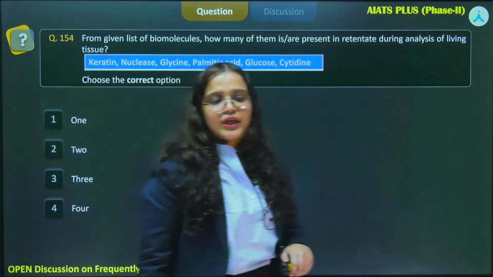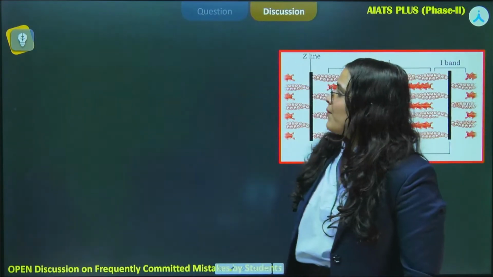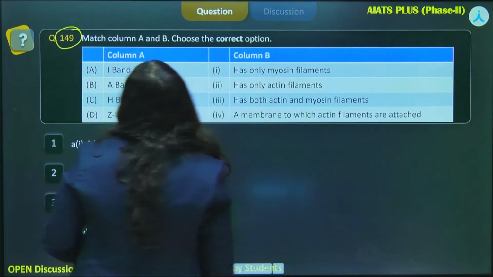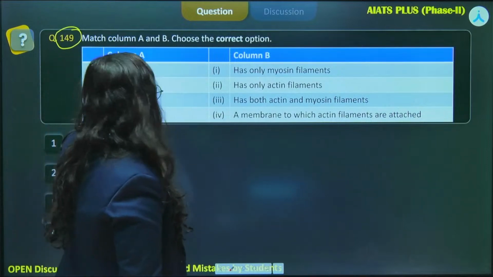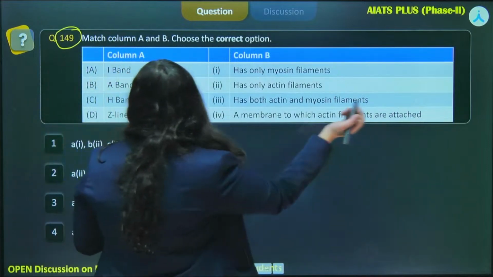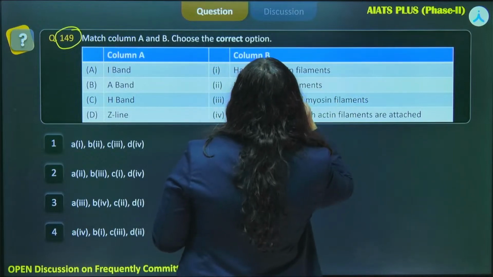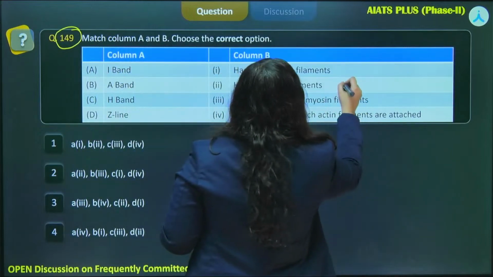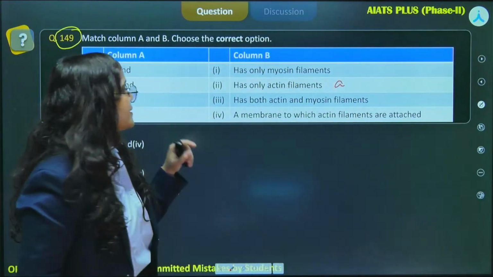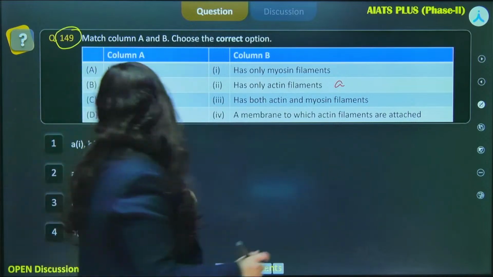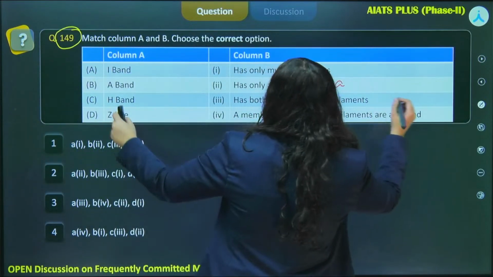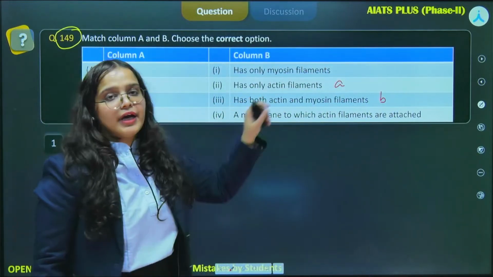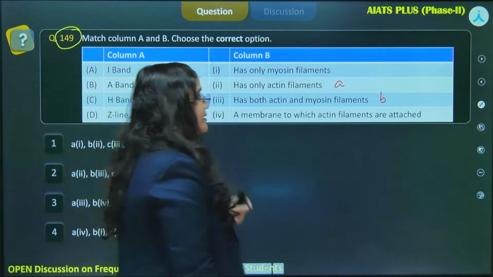So now I'll quickly go back to our question. We can see that I band will match, since I band contains only the actin filament, so our option 2 states has only actin filament. So A will match with 2. A band contains both actin and myosin filaments. Therefore, B will match with 3. H band has only myosin filaments, as we discussed that there is no overlap.